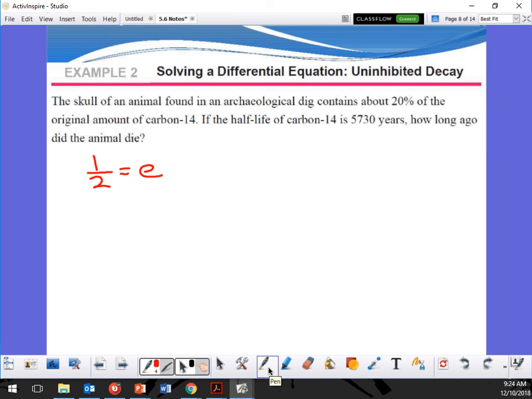There's 20% left. Okay, so the half-life is that. So if 20% is going to be there, I know that whatever the amount is, it's going to be 20%.